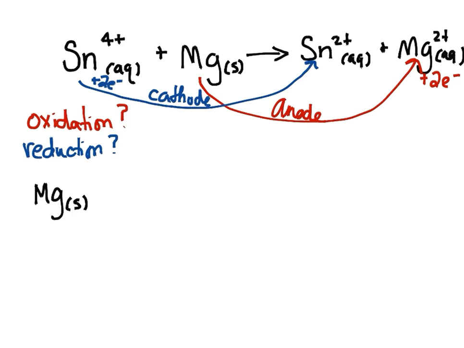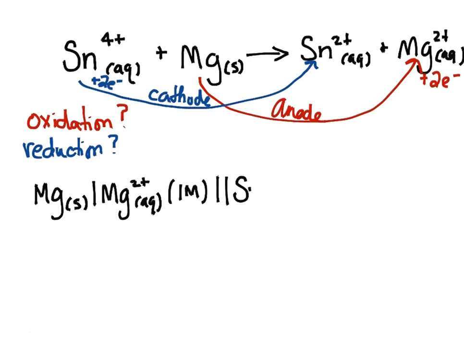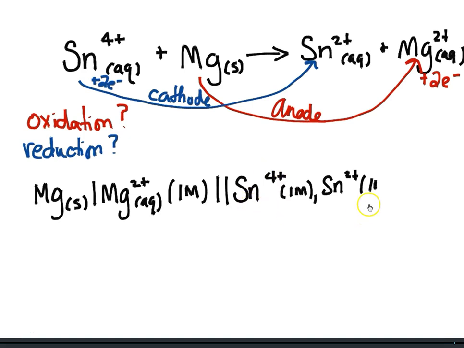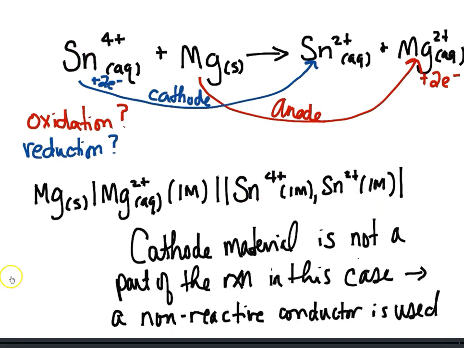So we're going to write the anode first on the left. Magnesium solid is the anode material, the metal. Magnesium ion, there's a vertical line that separates the 2 phases. 1 molar is the concentration. That's sort of redundant. Often it's not included. If it's not standard, it is included. That vertical double line is the salt bridge. And then we have MnO4 going to MnO2, and you list them in the order. So MnO4 is on the left and MnO2 is on the right, the same way it is in the reaction.